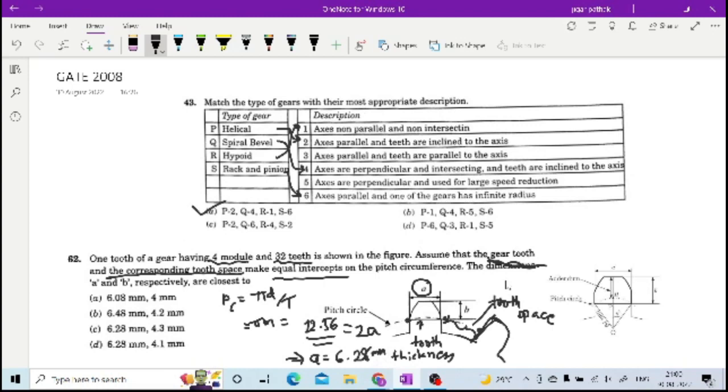Now in order to calculate B, you first have to calculate this distance OP, right? If you see this figure, that is why this hint is given for this particular question.